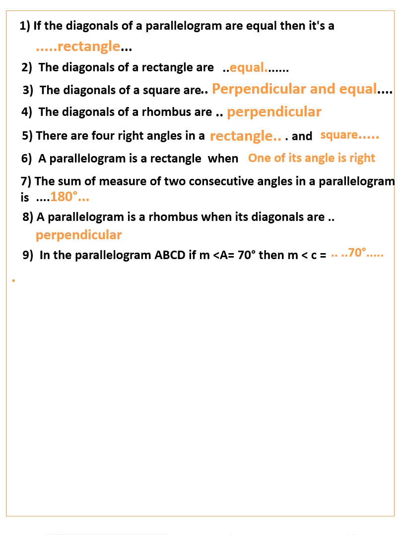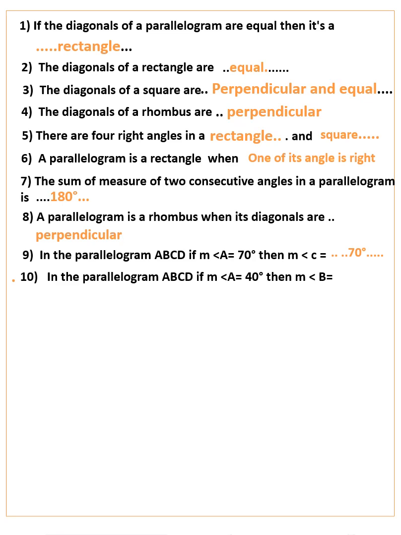Number 10. Same idea. In the parallelogram ABCD, we have to draw a small parallelogram, measure angle A equals 40. Then measure angle B. How to get angle B? What's the relation between angle A and B? They are consecutive.